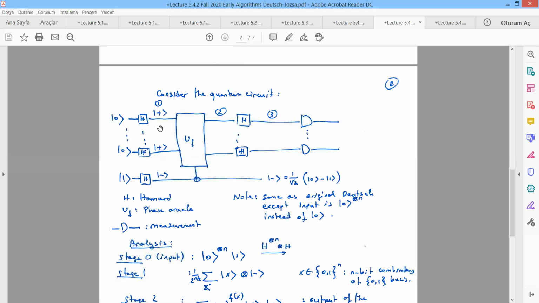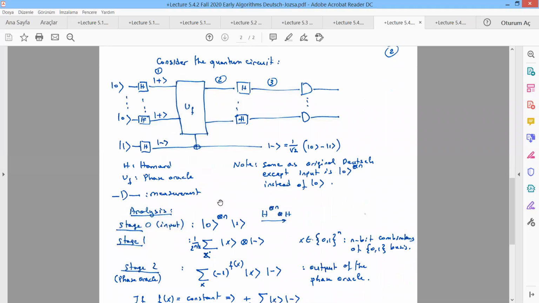This way we obtain a superposition, an entangled state of ket plus n of them. And this ket 1 in the ancilla, through the Hadamard transform, is converted to a ket minus. And we use this as an input to a phase oracle, U sub f. It's a phase oracle because the ancilla bit now is a ket minus state. And this ket minus state goes to the output as well.